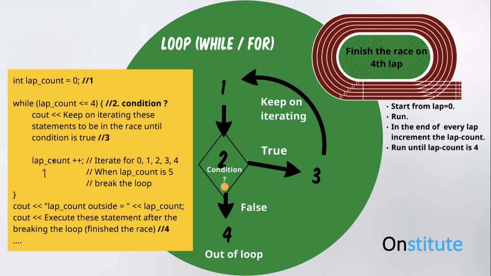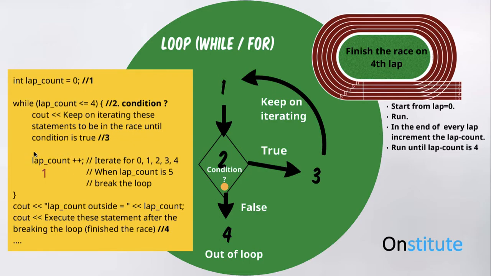Now with this 1, it will again check whether the lap count is less than equals 4 or not. Well, 1 is again less than equals 4. So the entire code block inside this while will be executed again, followed by the increment in the lap count variable.